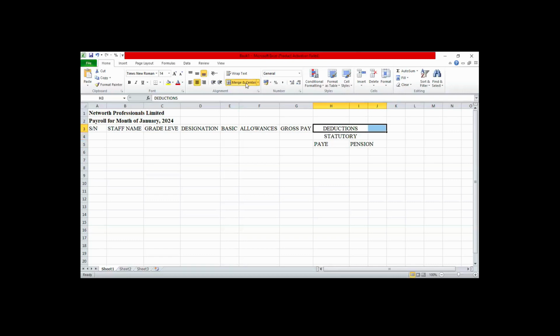Then we have what we call non-statutory deduction.